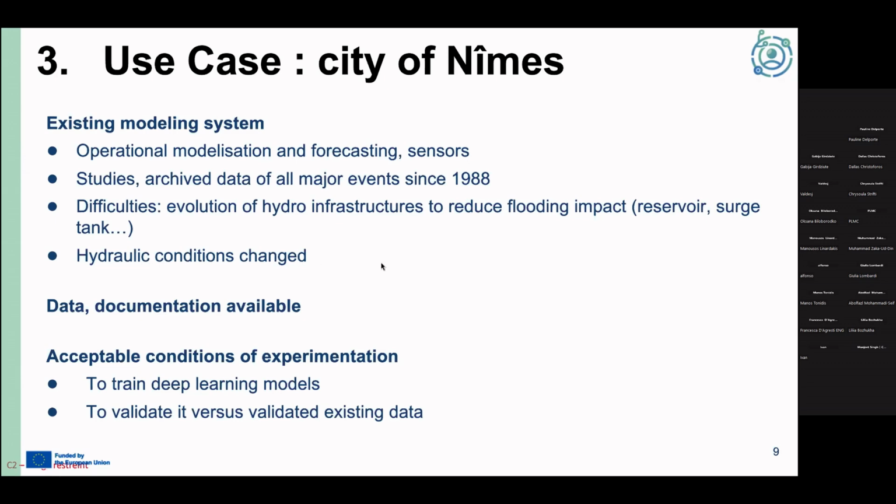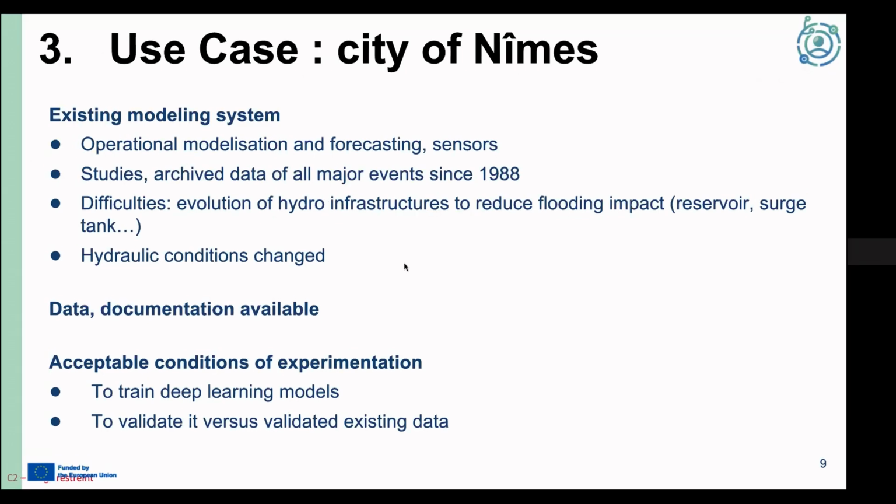And due to their vulnerability, they were also interested in having a better forecasting model because of their condition and the availability of data. We could have enough data to train our models and to validate it with in situ data.